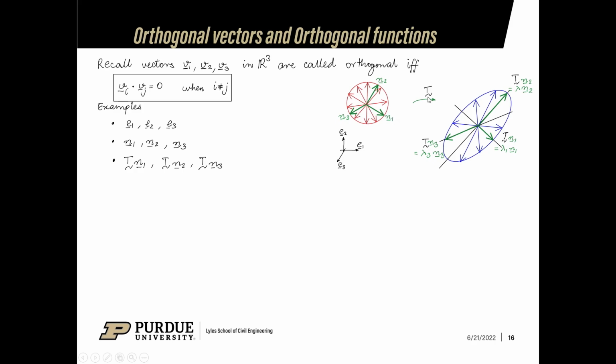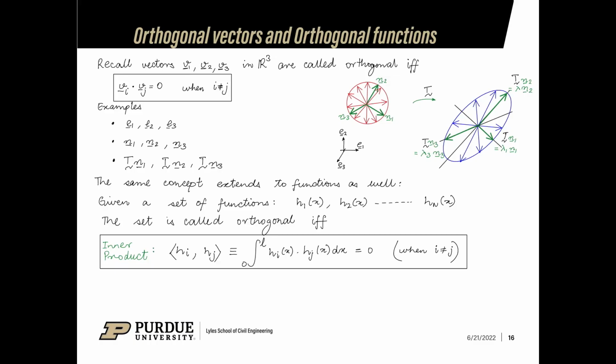However, in general, when a tensor T acts on its eigenvectors, it produces mapped eigenvectors that are not necessarily of unit magnitude. So T acting on n1, n2, and n3, these vectors are not necessarily orthonormal, but they are orthogonal, because the dot product of any two of these mapped eigenvectors would still be 0.